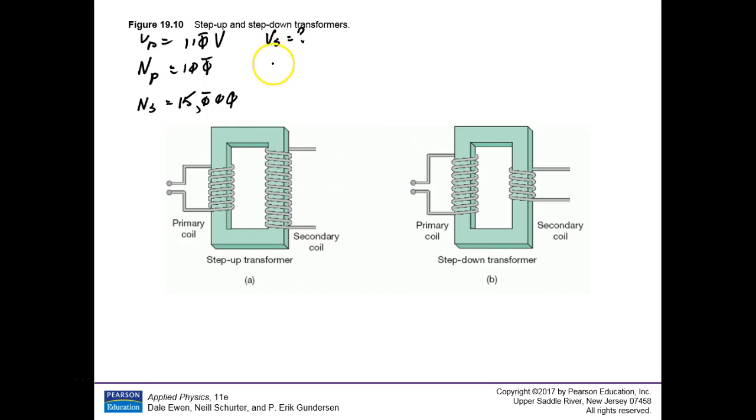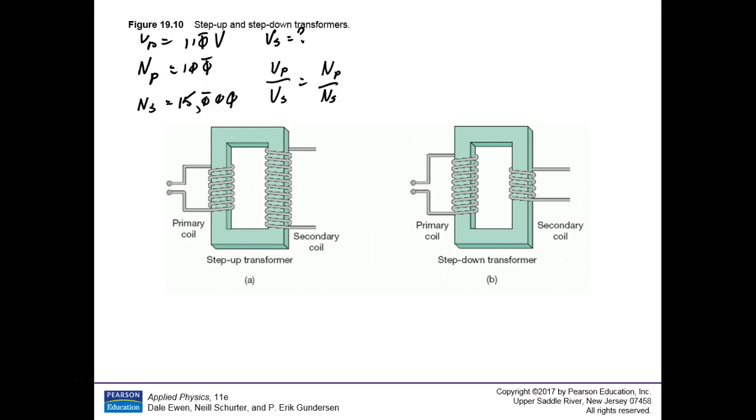Okay? You're going to use V sub P over V sub S is equal to N sub P over N sub S. These are direct proportions. That means they have to match up.